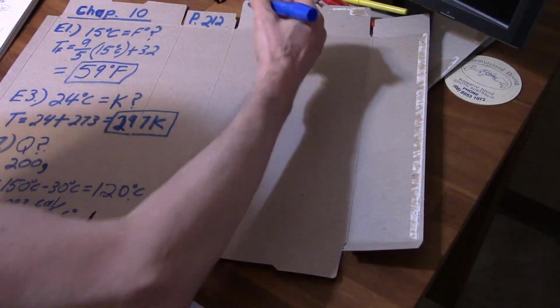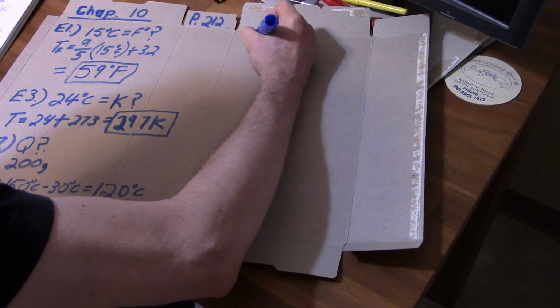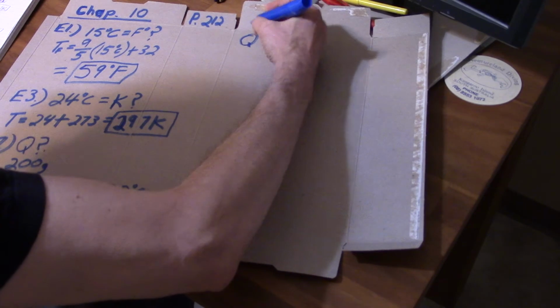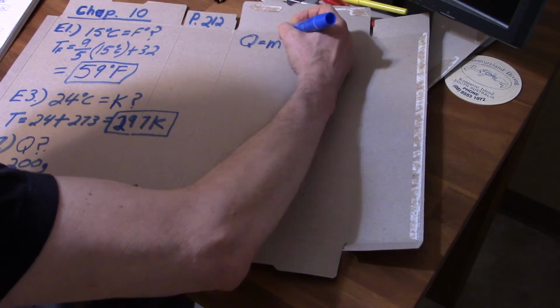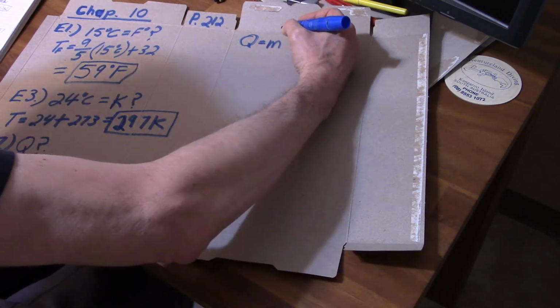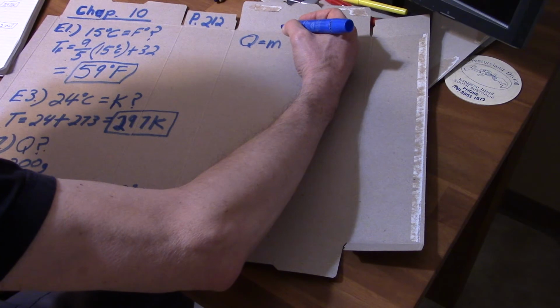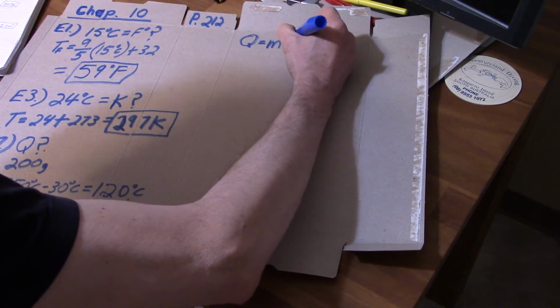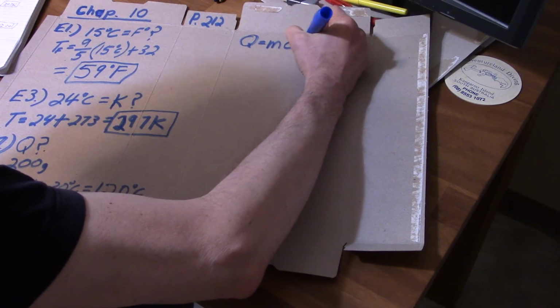Okay, so the quantity of heat Q is equal to the mass of the object times its specific heat capacity times the change in temperature.